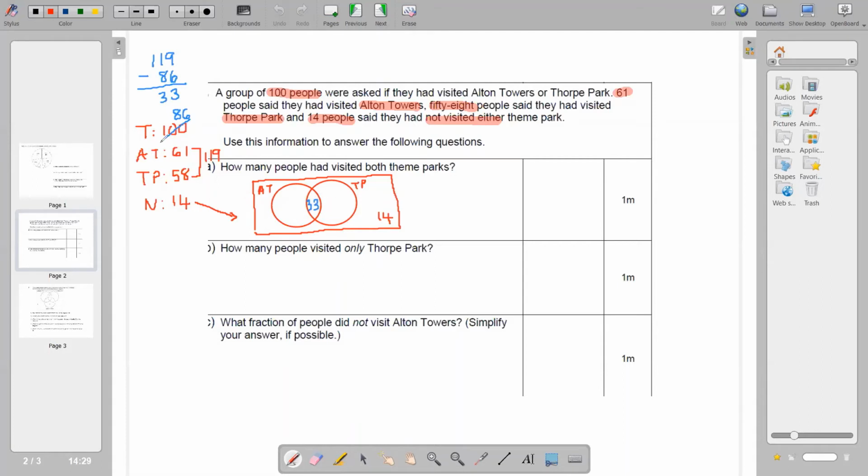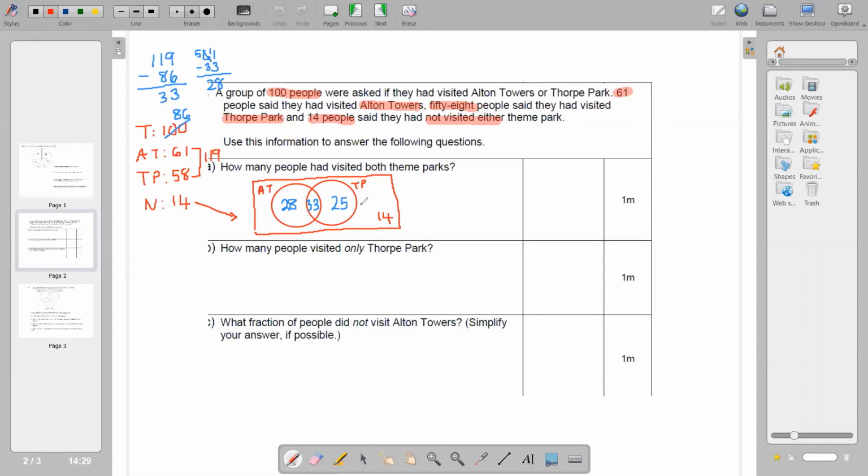I now need to reduce my Alton Towers total and my Thorpe Park total by that 33 so that I don't count them twice. So Alton Towers, 61 take away 33 will be 28. So 28 people just went to Alton Towers, and 58 take away 33 will be 25. So 25 people just went to Thorpe Park.